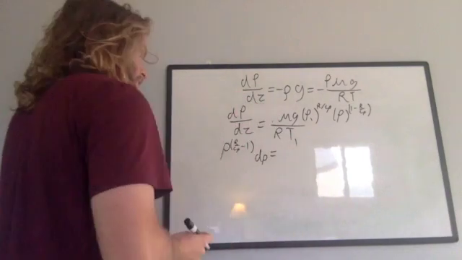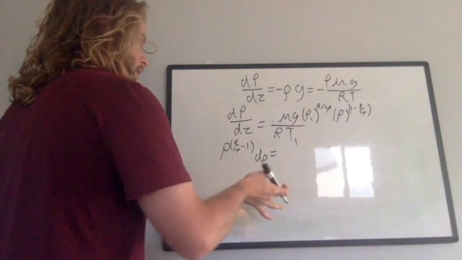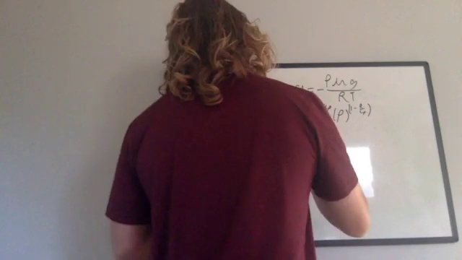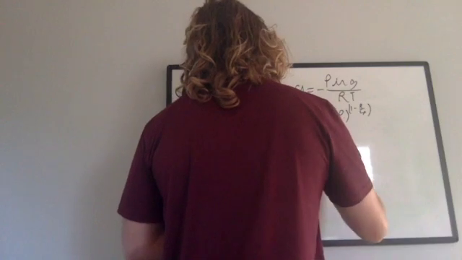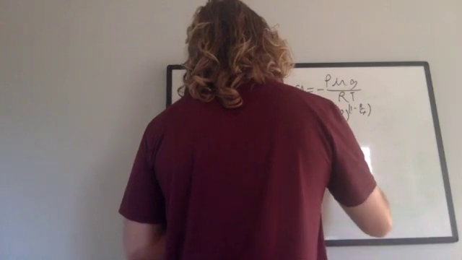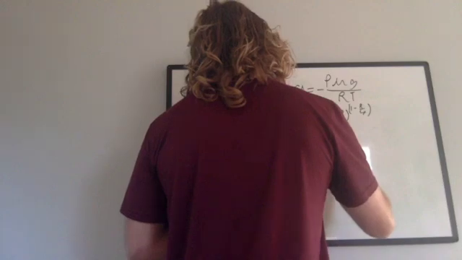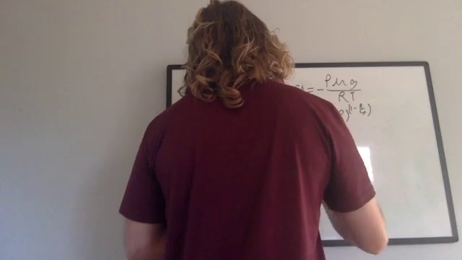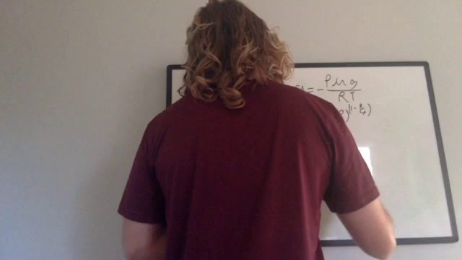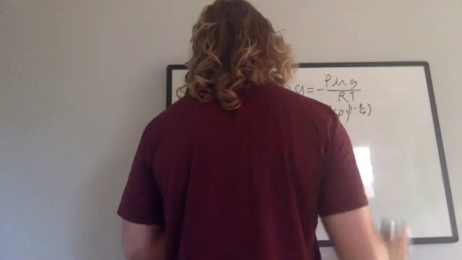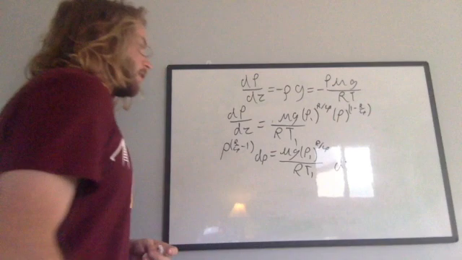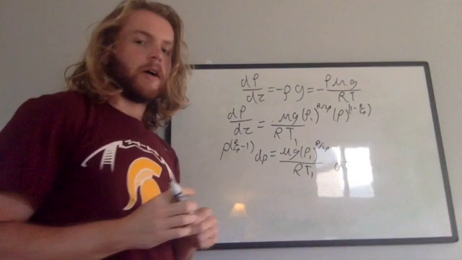Alright, and that is going to be equal to, again, over here, our mu g P1 to the R over CP, all over R T1. And this is going to have dz over here now since we multiplied. And there you go. Now we're ready to set up our integral.